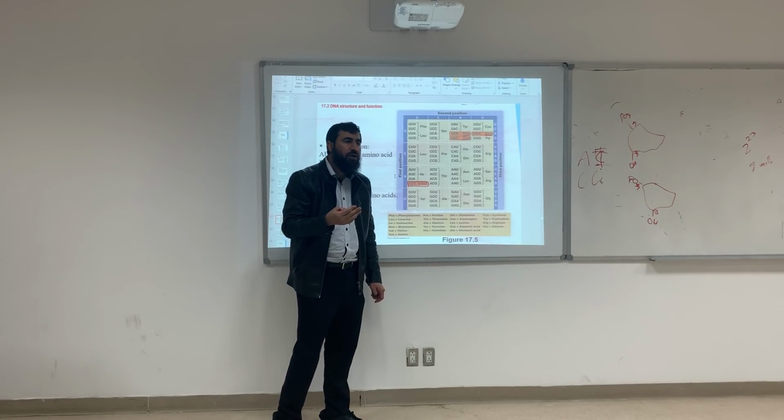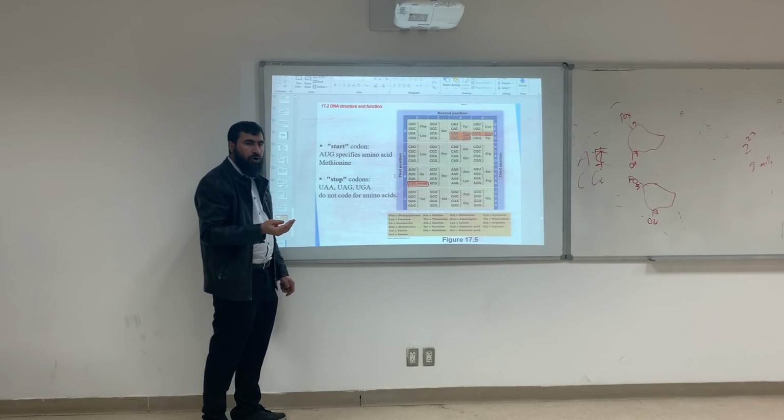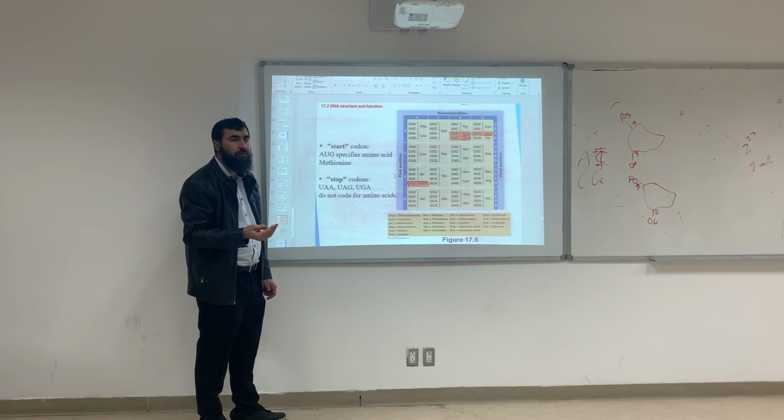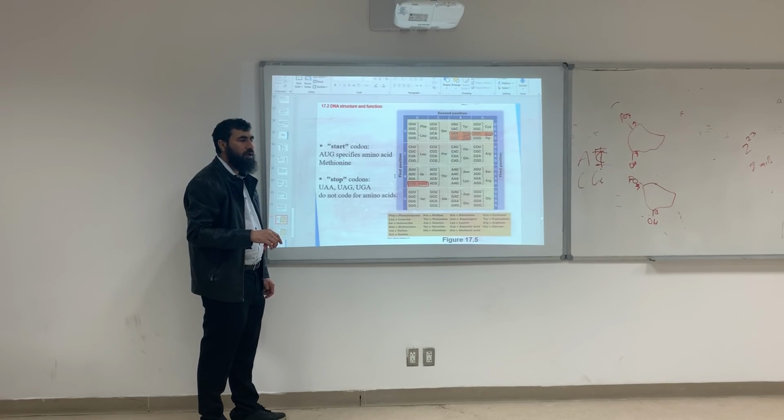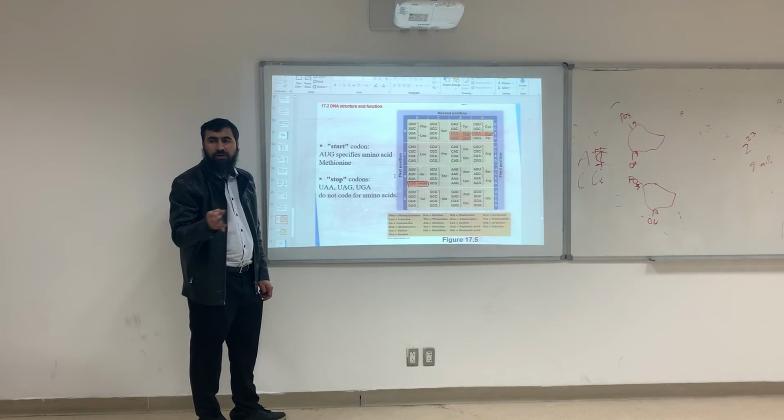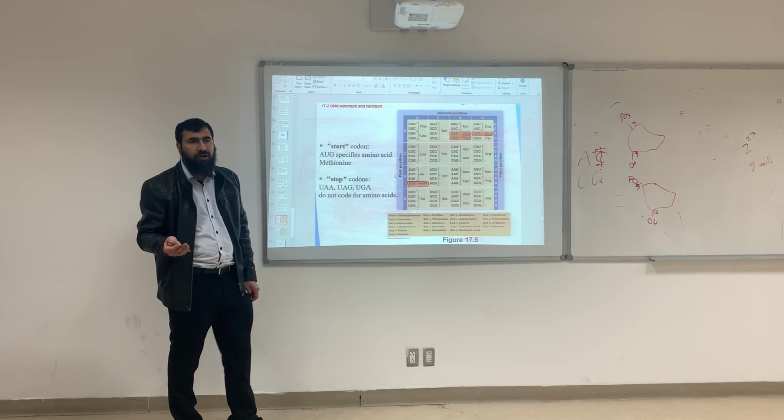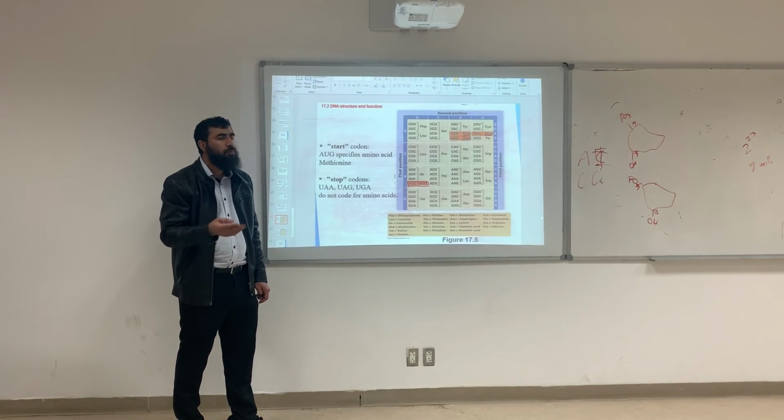Now, if we have a look at the number of codons, we find that there are 64 different codons, but we have only 20 amino acids. Now, how does the cell get around this problem? It uses multiple codons for the same amino acid.